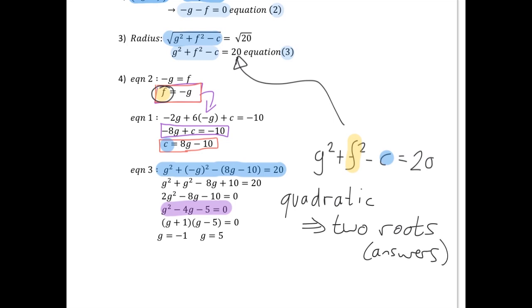In this case g ends up being minus 1 or g is 5. If we have two answers for g, that means we're going to end up having two answers for f and two answers for c, which means we'll end up with two different equations that satisfy the conditions given in the question.